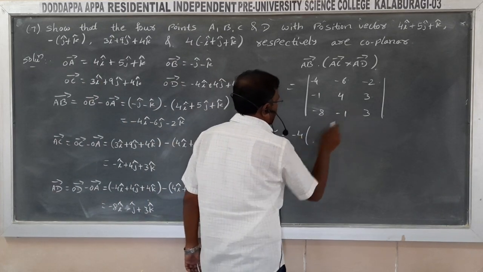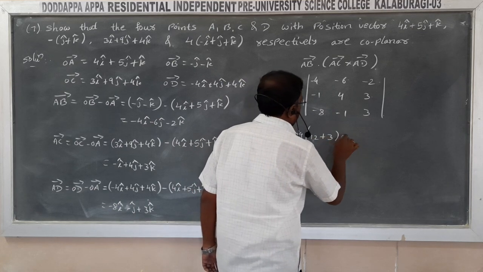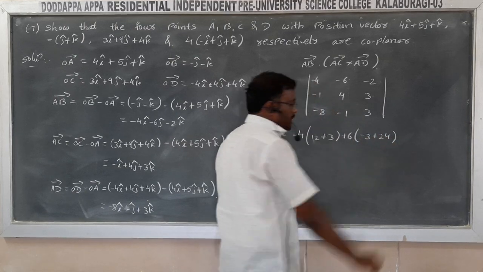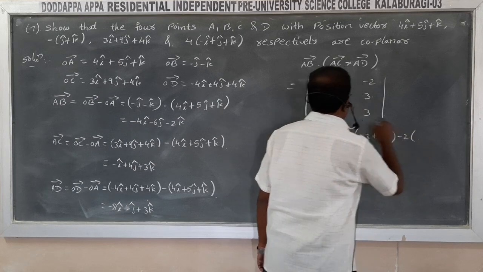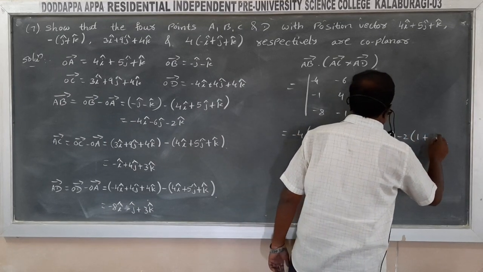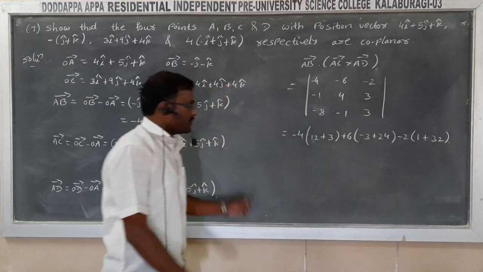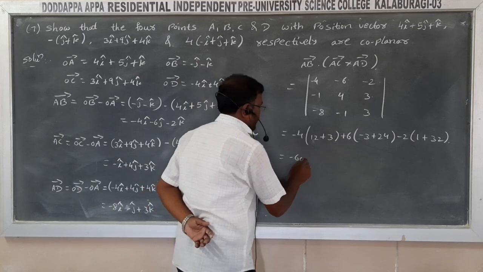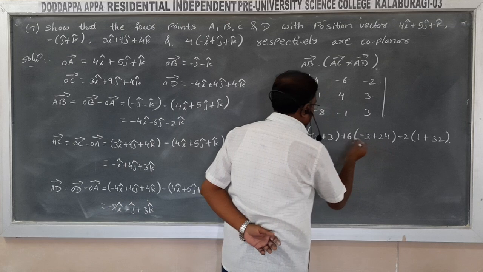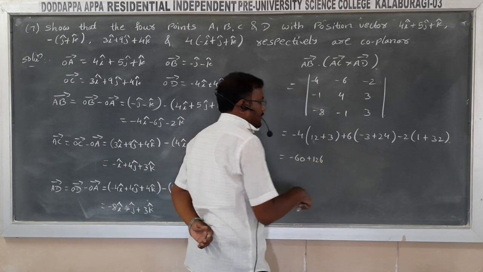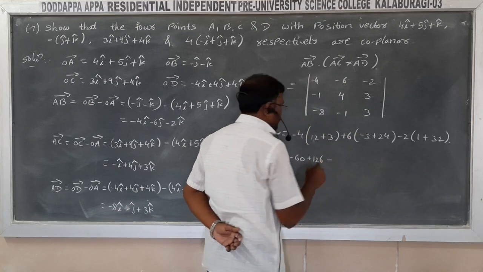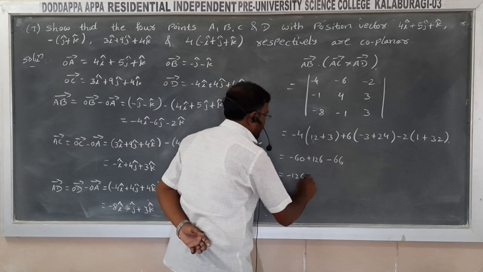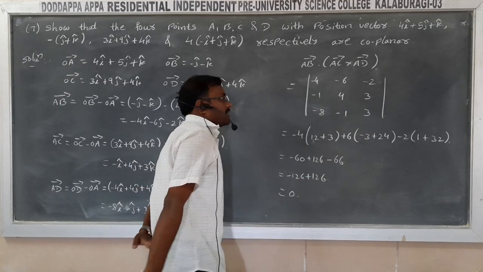Minus 4 times 15 is minus 60, plus 6 times 21 is 126, minus 2 times 33 is minus 66, so minus 60 minus 66 plus 126 equal to 0.